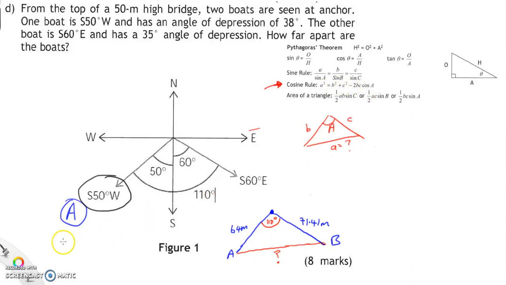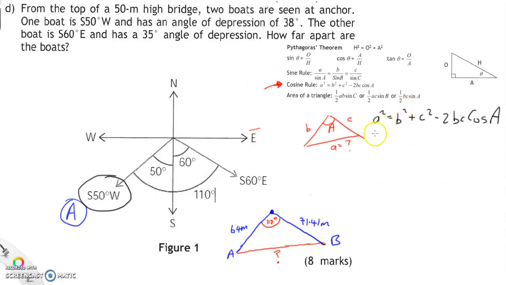So I'll switch to black. A squared equals b squared plus c squared minus 2bc cos A. So A is going to be 110 for us, and 64 can be b, 71.41 can be c, and small a is the one we don't know.